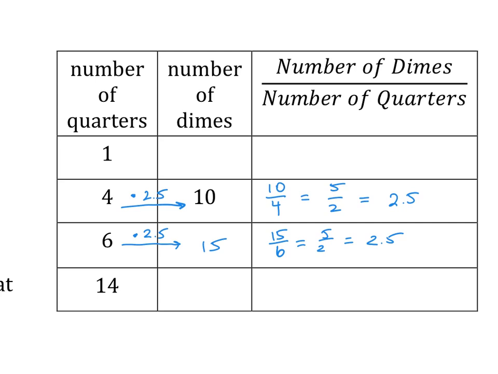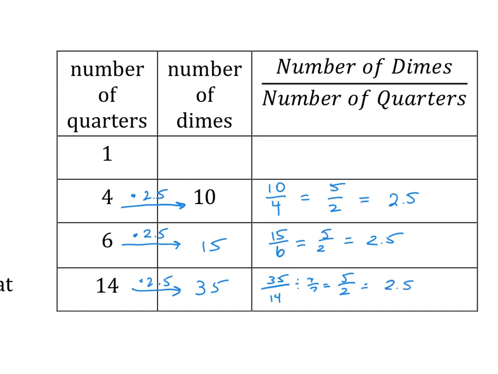I'm going to repeat that for 14 quarters. I'm going to again multiply by 2.5, which is 35. If I write that ratio, 35 over 14, simplify it by dividing by 7 over 7, I would get 5 over 2, which is 2.5 as a decimal.